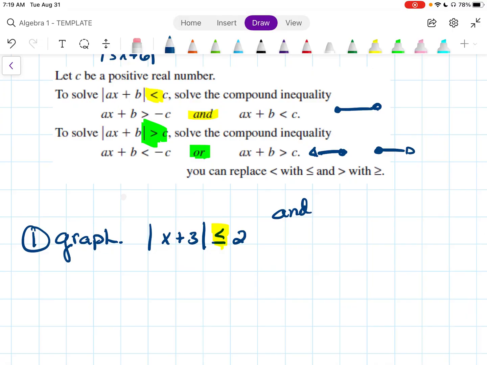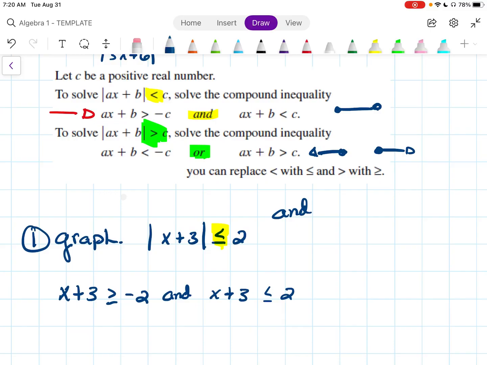We'd have x plus 3 is greater than or equal to negative 2, and then also x plus 3 is less than or equal to 2. What I'm doing there is plugging into this formula right there. Let me put the word and in there. I can solve that just like a normal compound inequality, and we can graph it.